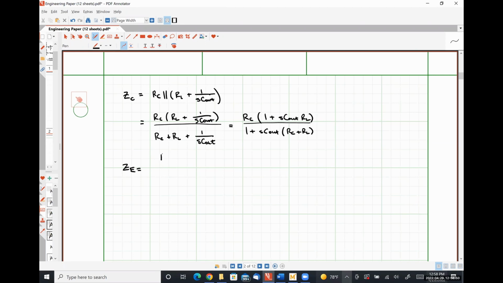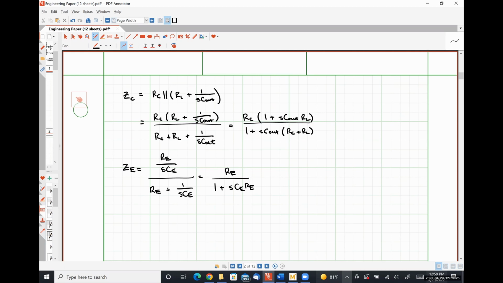So I'm going to make this look like RE over SCE divided by RE plus 1 over SCE, which is simply RE over 1 plus SCE RE. Everybody okay with that?